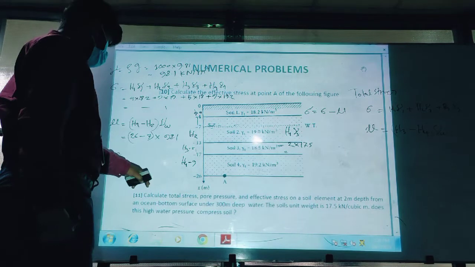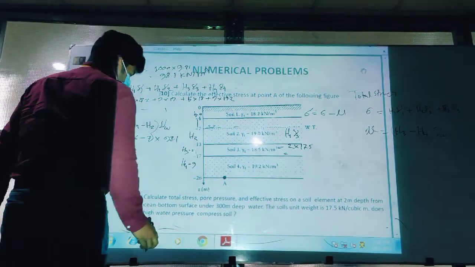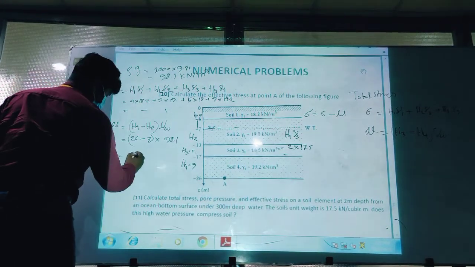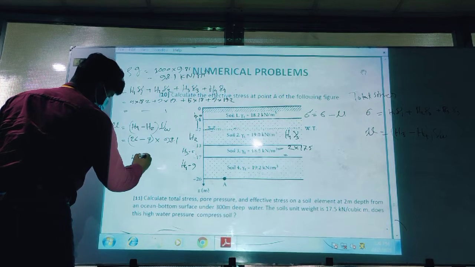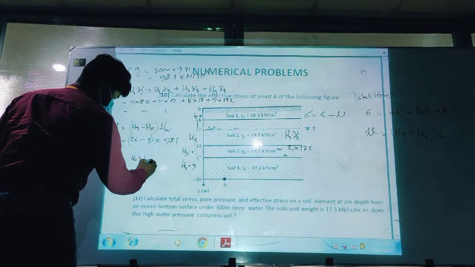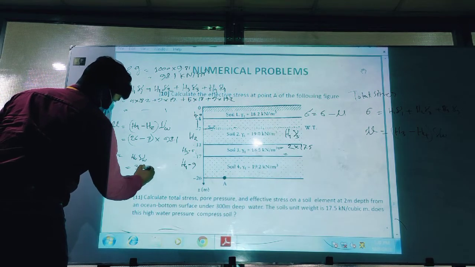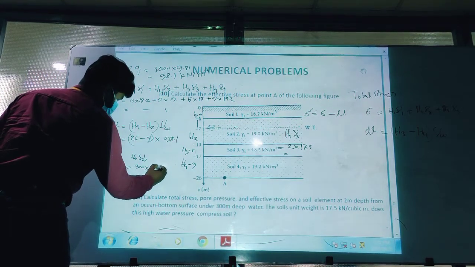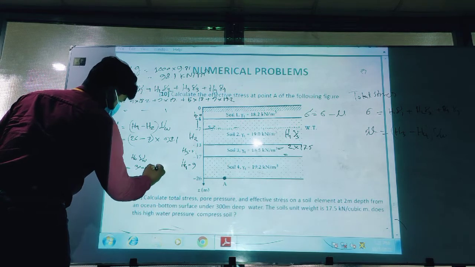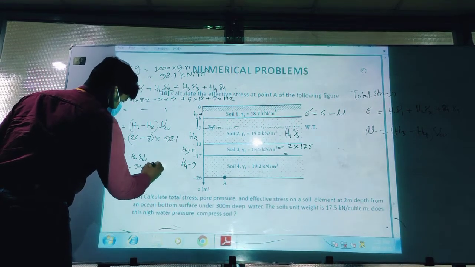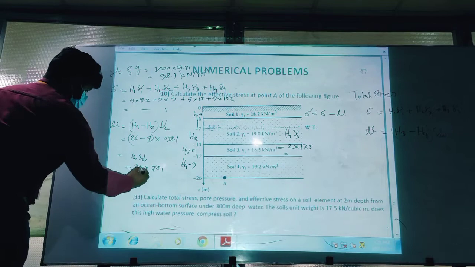Then ocean bottom surface under 1300 meter. HW into gamma W. HW 1300 into gamma W, 19.81 kilonewton per meter. That is calculated.